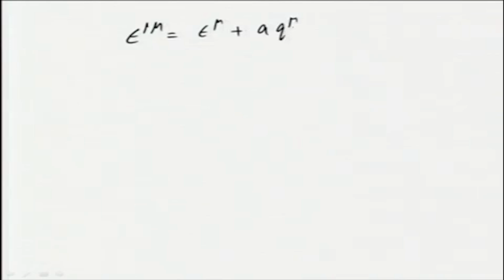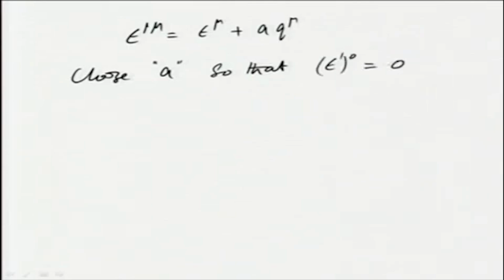Now, I can choose A so that epsilon prime 0 is equal to 0, all right. So, this is why we had taken the lambda in that particular way. So, I can choose this.